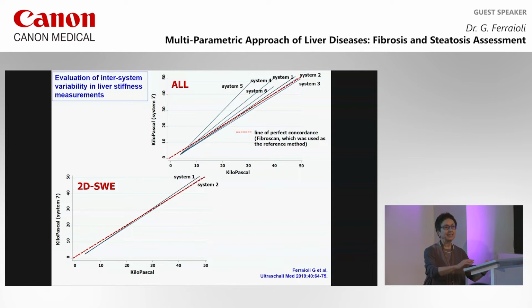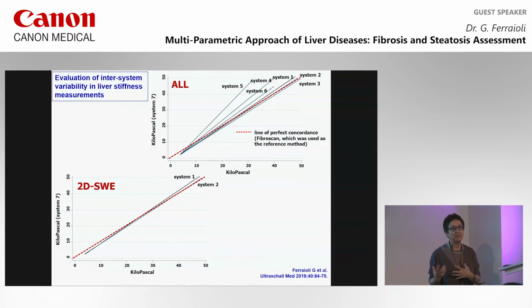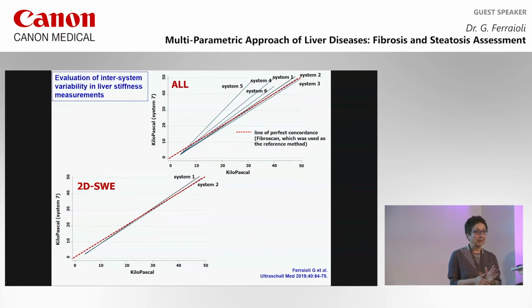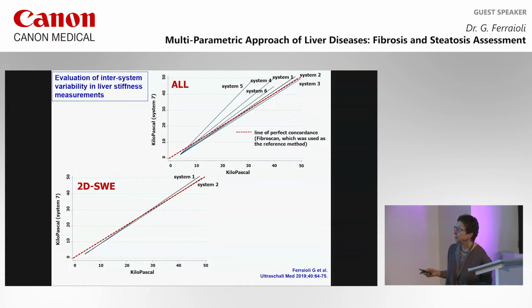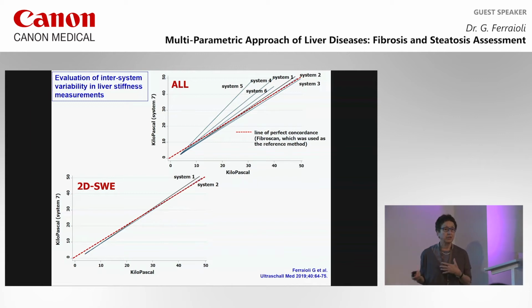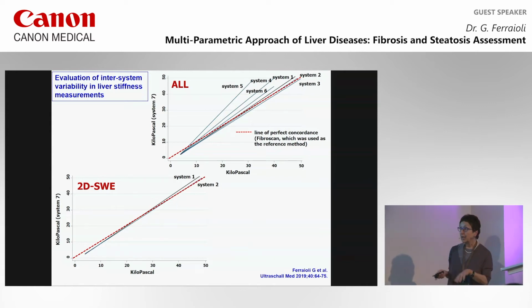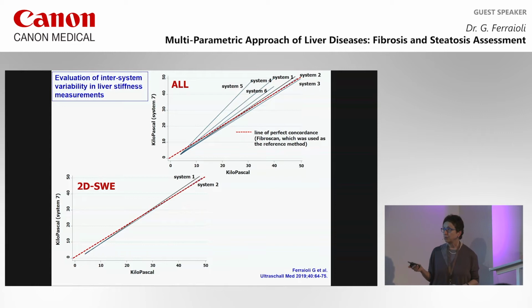And unfortunately, the results obtained with the ultrasound equipment of different companies do not give the same values. This is a study that has recently been published, and the FibroScan was used as the reference. In this study, we used 6 ultrasound equipment with shear wave elastography, and 2 of them had two-dimensional shear wave elastography.